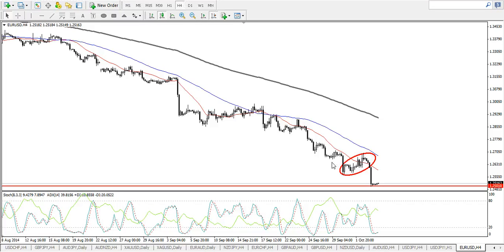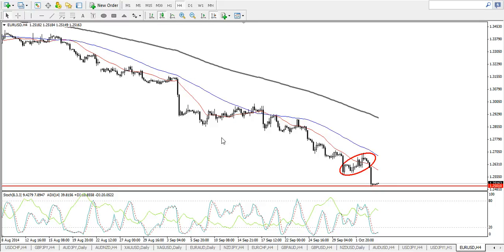And then again, during the US employment data itself, the US dollar strengthened so much against the euro, and therefore price has broken a new low to the price of 1.2500.